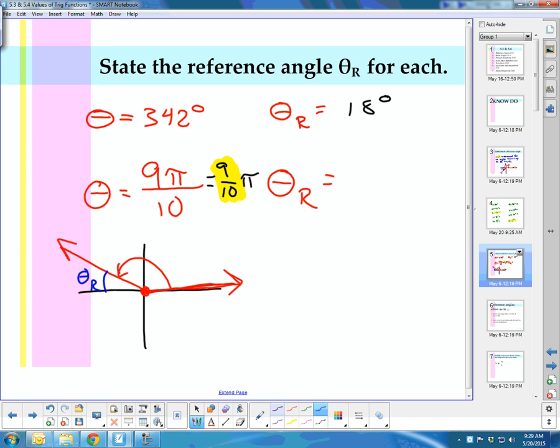Well, I know if I had gotten all the way to this negative piece of the x-axis, had my terminal ray gotten all the way to there, then I would have a measurement of pi radians. But I didn't get all the way there. I only covered 9/10 pi radians, so I'll subtract, and I see that I'm 1/10 pi short.